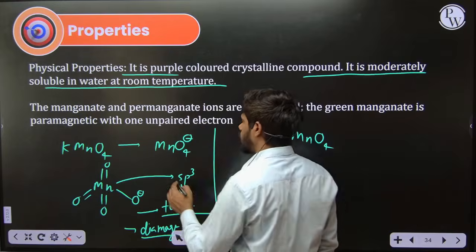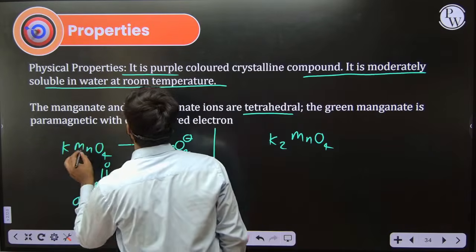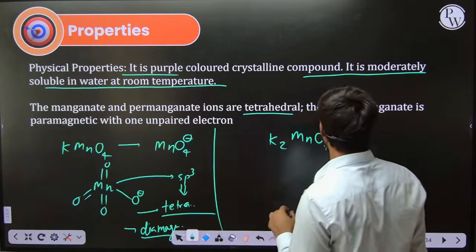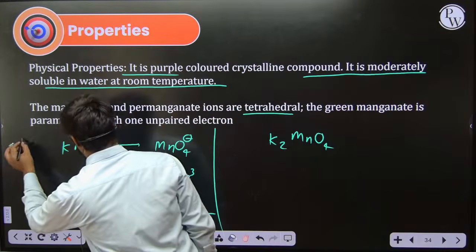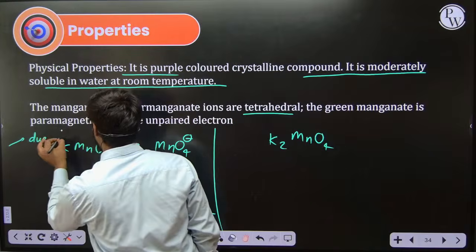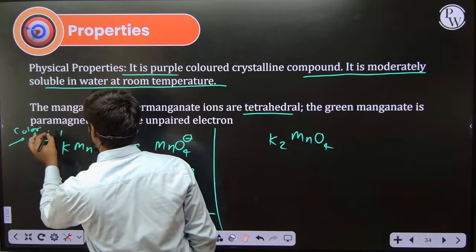Color, we know it is only due to the, so color, it is what?